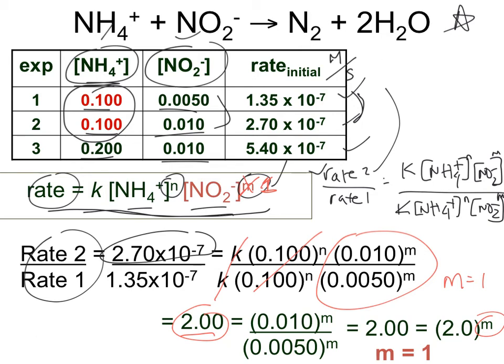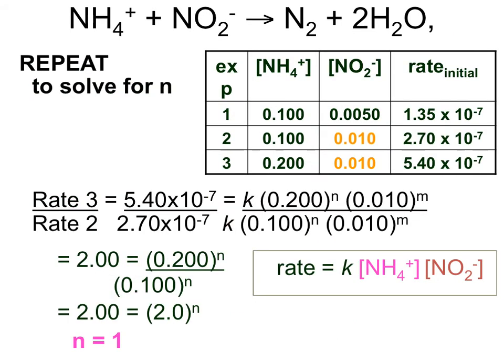Now that we've figured out our M value, we have to repeat this process in order to calculate and figure out our N value. In the same way that we selected data and compared two rates, we're going to do the exact same thing, but in this case we want to find a data set preferably that has NO2 being held constant, because remember that's the one that we need to cross out.